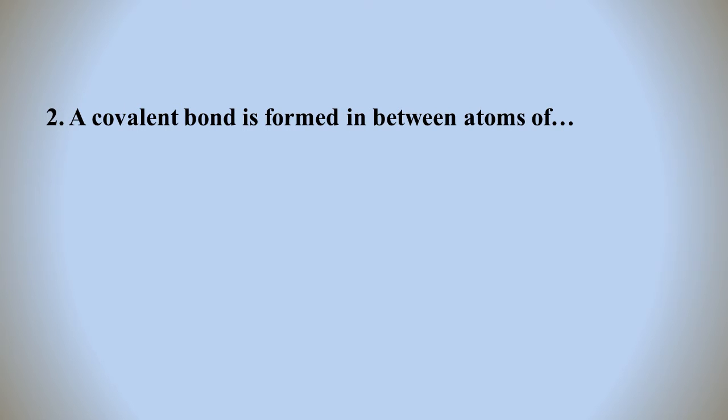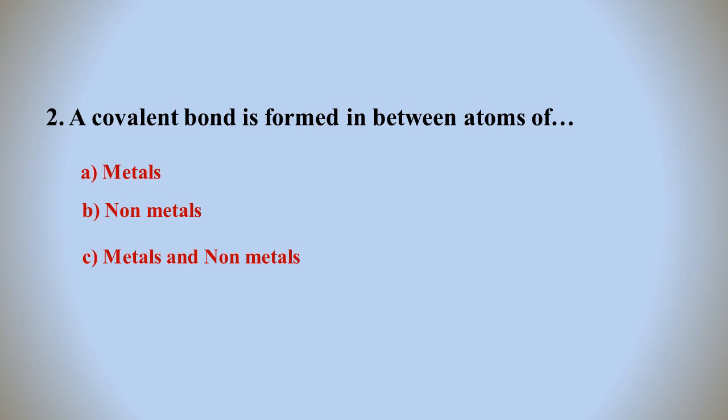Question number 2 says that a covalent bond is formed between atoms of metals, non-metals, metals and non-metals, or none. I think it's easy to understand this. This kind of bond is formed between all non-metals.